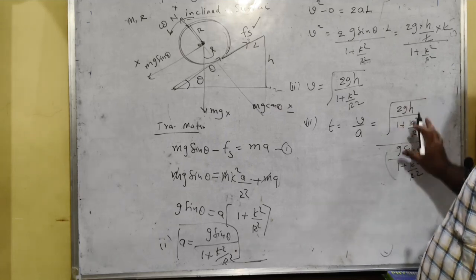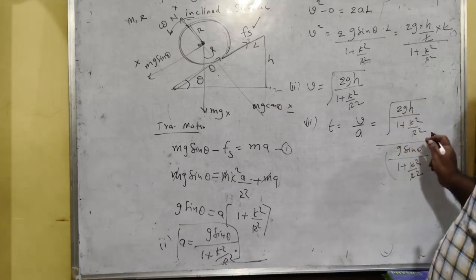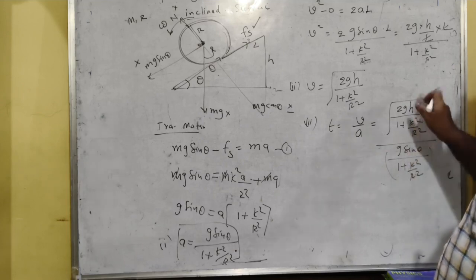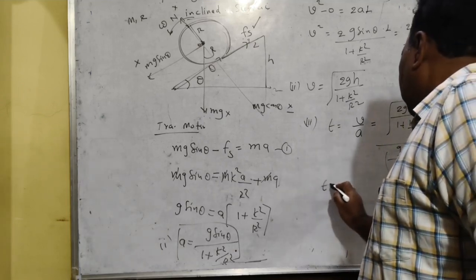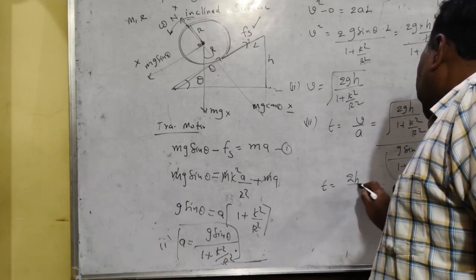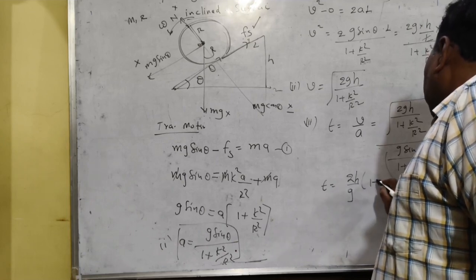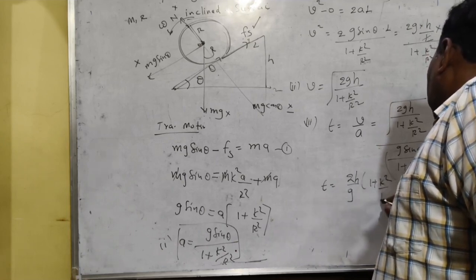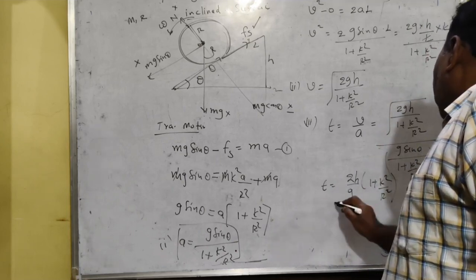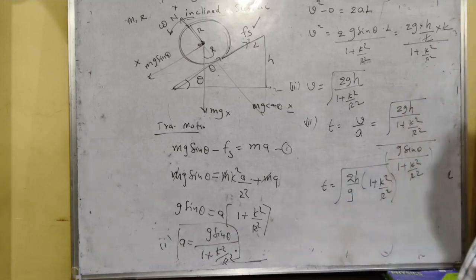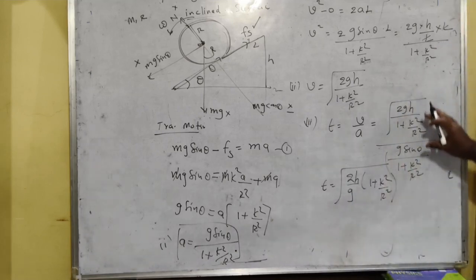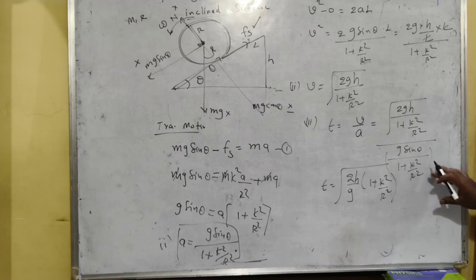This one has the root, this one does not have the root. After eliminating sin theta and cancellation, finally we will get root of 2h by g into 1 plus k square by r square. This is the way, because this has the root and this does not. After simplification we get this formula.